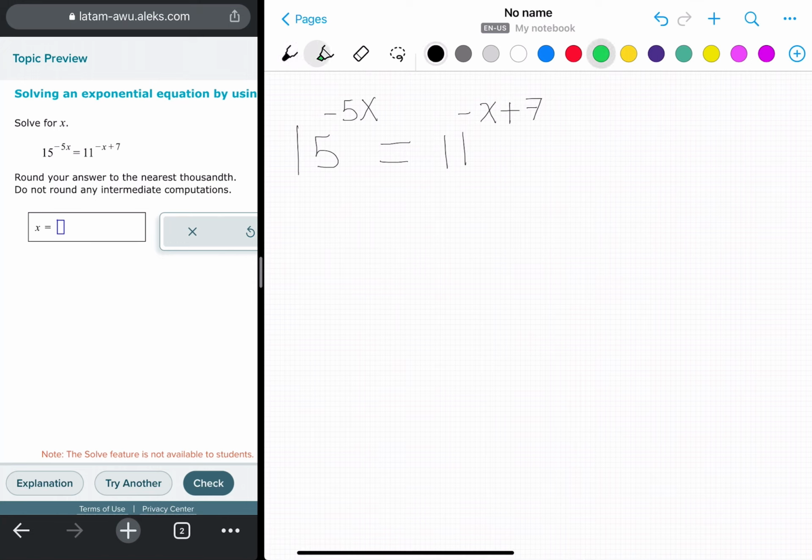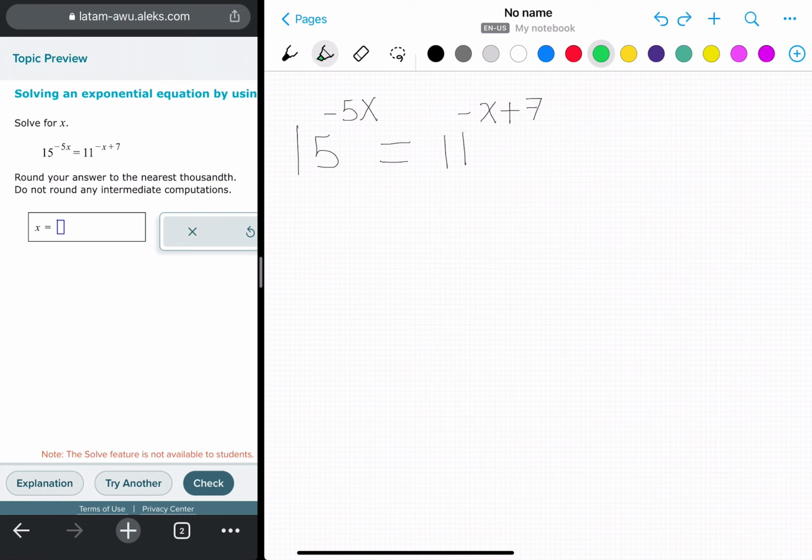This, according to Alex, is advanced because we have the x in the exponent, and we have another exponent with x. So this is marked as advanced because the only way to solve this exercise is by applying logarithms on both sides, but it's not that hard.